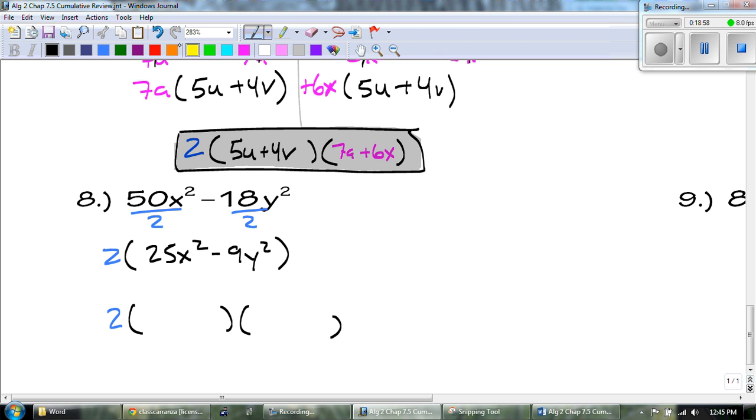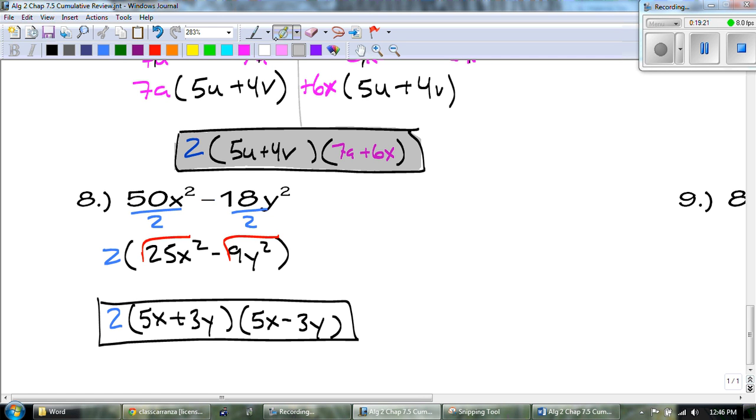So the square root of 25x squared is 5x. One's a plus, one's a minus. And now the square root of 9y squared is 3y. So we get our final answer of 2 times 5x plus 3y, 5x minus 3y. And there's no equal sign, so we're done.